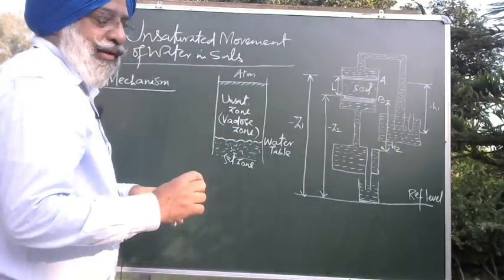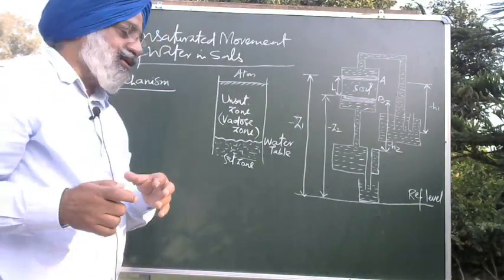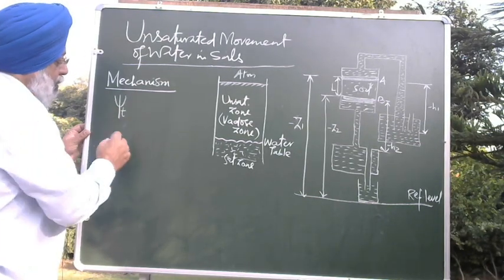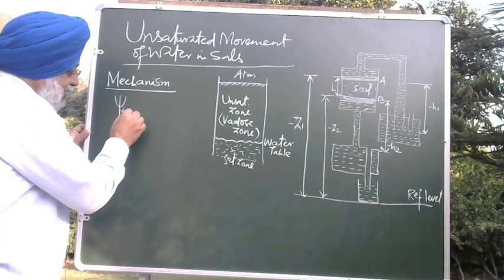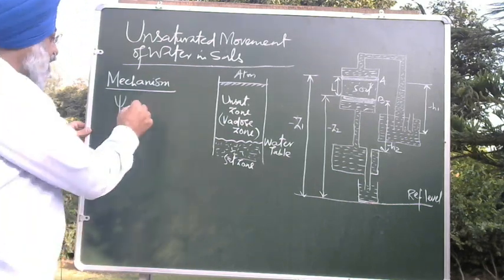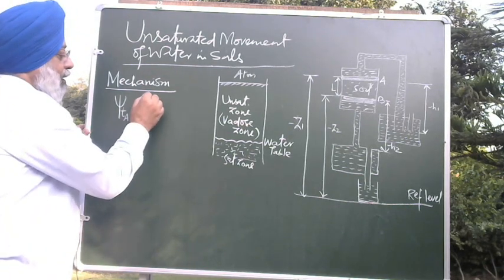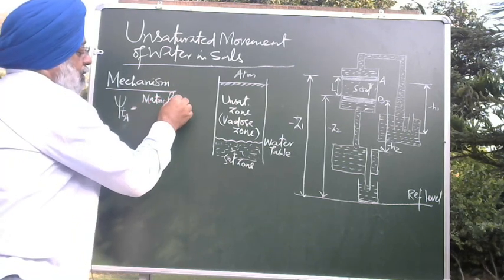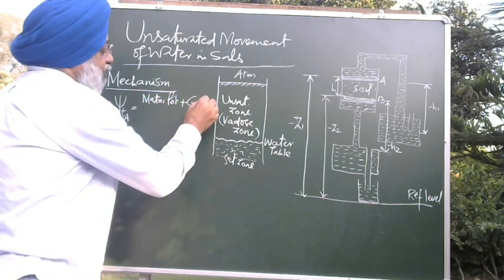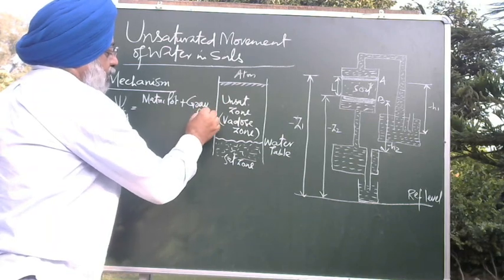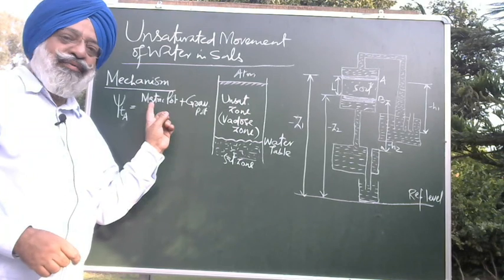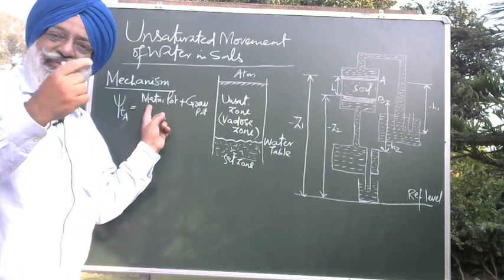Now following the same Darcy's law, what is the total soil water potential at A? This will be your matric potential plus gravitational potential.